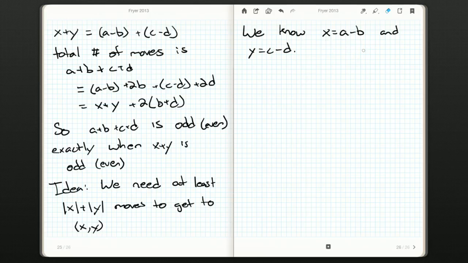So we know x is equal to a minus b and y is equal to c minus d. So how exactly do we want to do this?